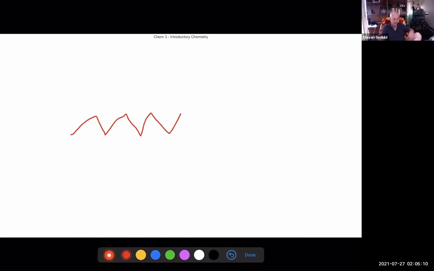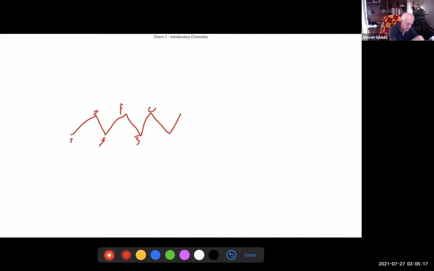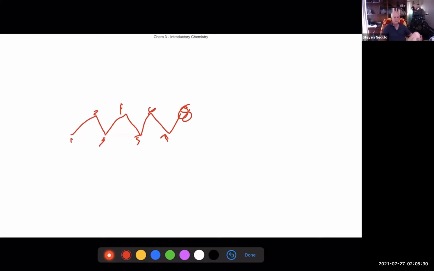How many carbons? 1, 2, 3, 4, 5, 6, 7, 8 carbons. It's all single bonds, right? Everything connected to it is a single bond. That's octane: 8 carbons, all single bonds. We also did alkenes and alkynes.